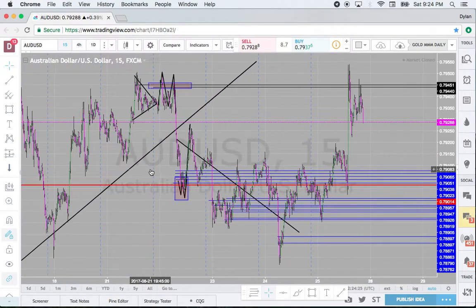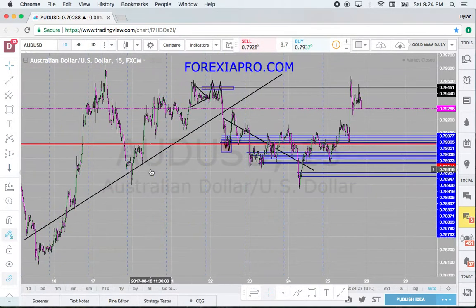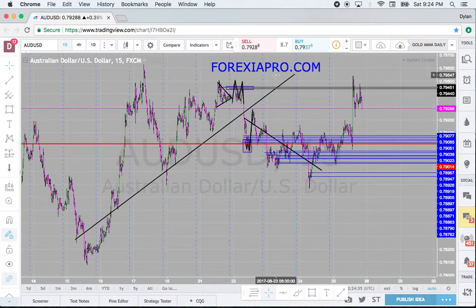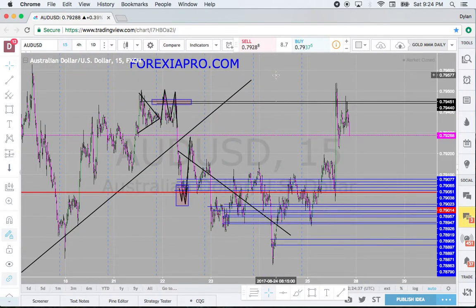So it registered a macro uptrend and saw that macro uptrend had more potential than this micro downtrend.